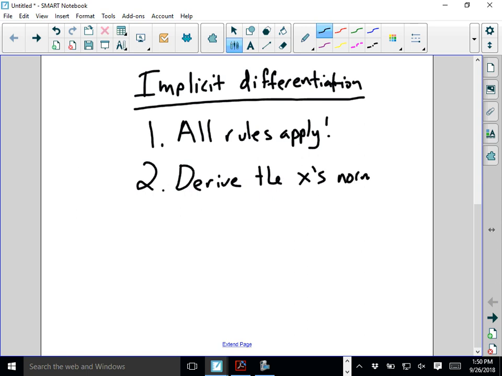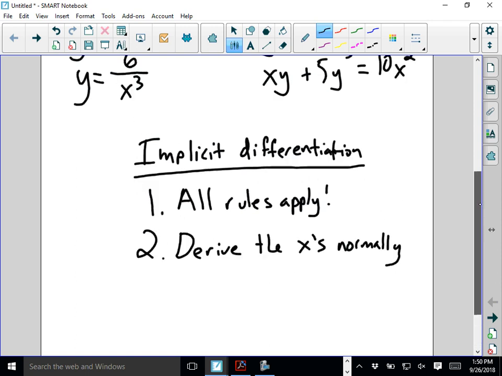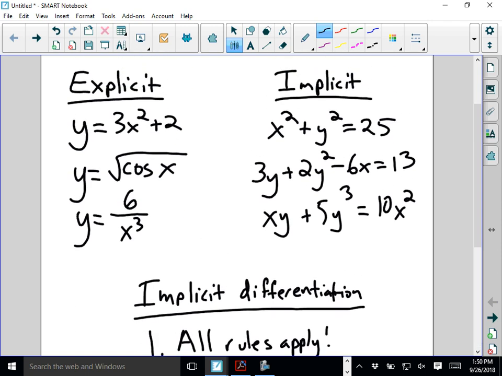So whenever we come across an x in our derivative, for example, looking back at our implicit functions here, if we were doing the derivative of this function right here, when we come to the derivative of x squared, we're going to say 2x, because we know that's the derivative of x squared. So we do the derivative of x's normally.